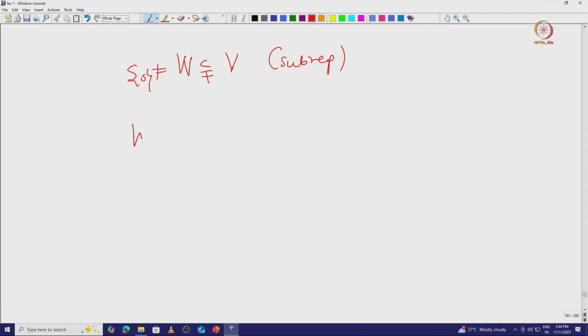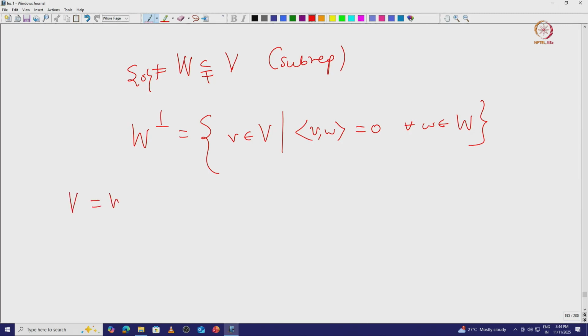Then immediately one can define the orthogonal complement of W, let us call it W perp, which is defined to be those vectors which are orthogonal to all elements of W. Now it is easy to see, as a vector space, that V is W direct sum W perp.